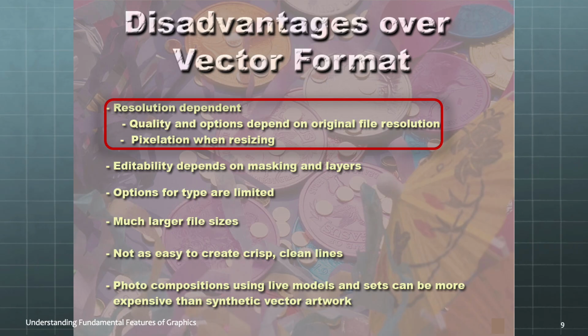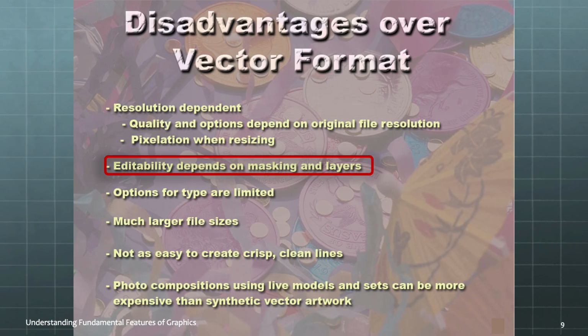We'll get into that more in detail in a minute, but what it means in a practical sense is that the quality and editing options depend on the original file resolution, or as I've been calling resolution, the combination of pixel dimensions, pixel density, and physical size. If you do not work carefully within the resolution constraints of an image, you'll get pixelation, which is where you start actually seeing the image as blurry or blocky.